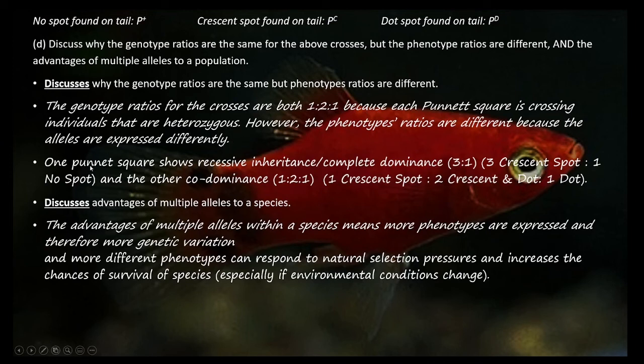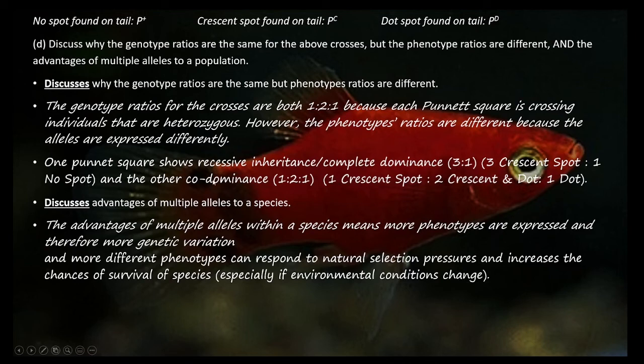So what? Well, one Punnett square shows recessive inheritance or complete dominance. That means that you will have 3 crescent and 1 no spot. And that is because the heterozygous, I would have loved to see that in here, the heterozygous are also displaying the dominant trait, whereas only the homozygous recessive will display the recessive trait.